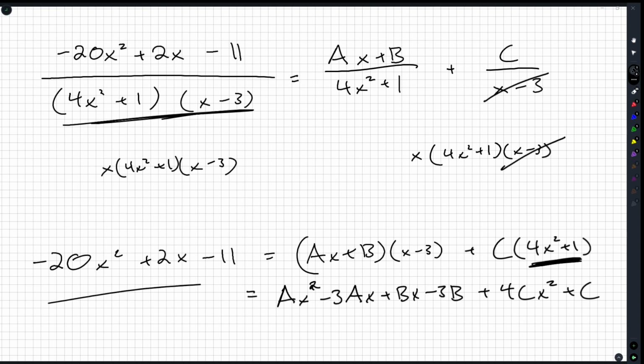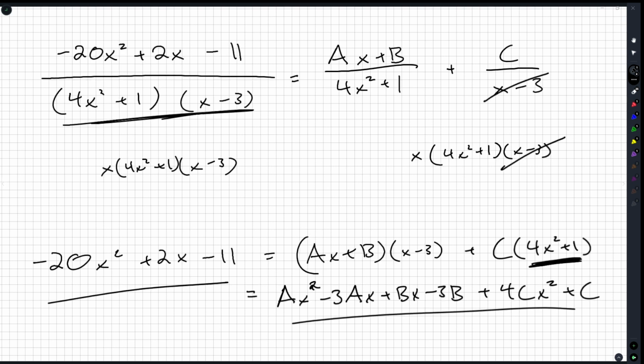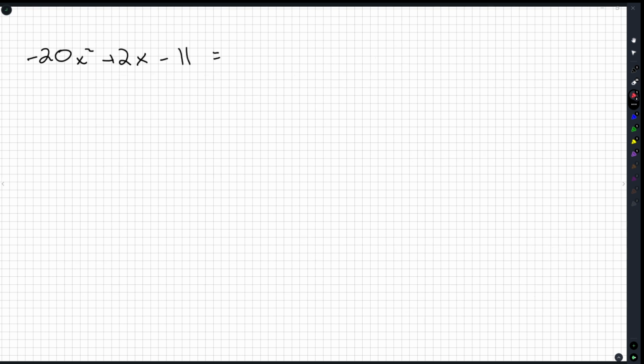Now, two polynomials are equal exactly when their coefficients are equal, so let's group things together. Minus 20x squared plus 2x minus 11 is equal to, there's going to be a little bit of back and forth here. Look for x squareds. So x squared, x squared: a plus 4c is the coefficient of x squared.